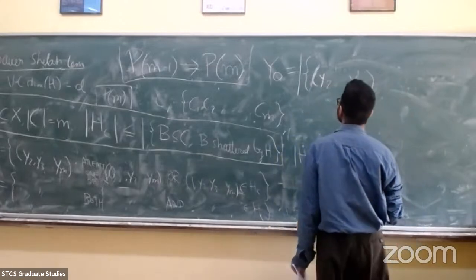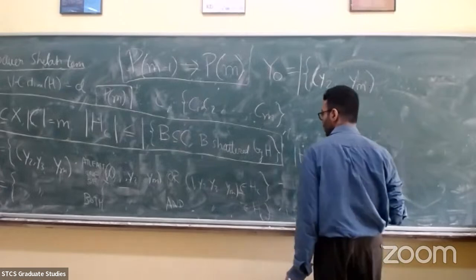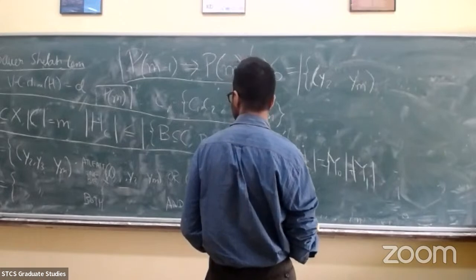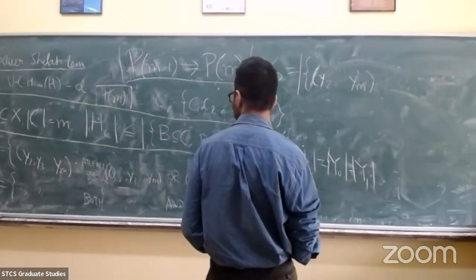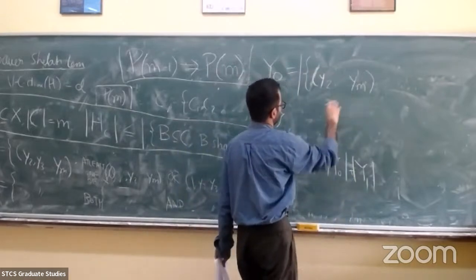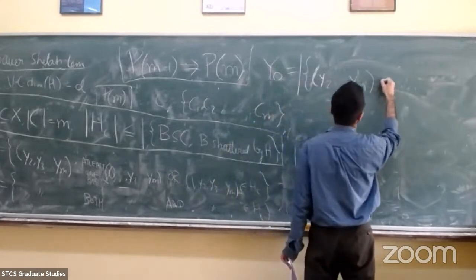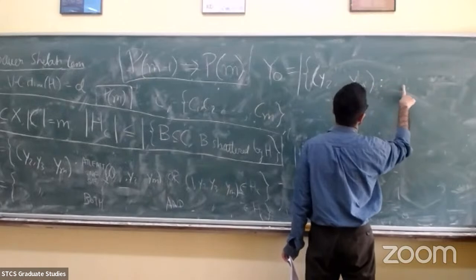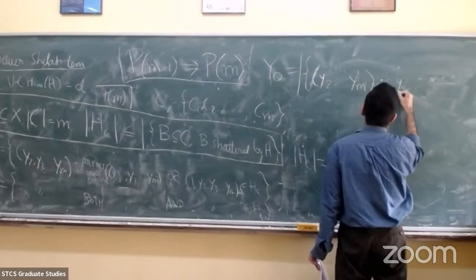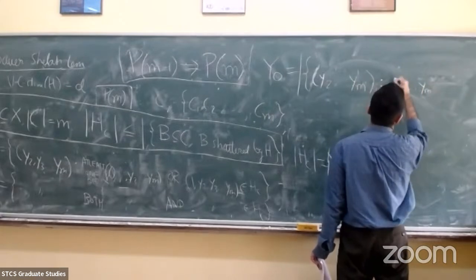Sorry, this is a bit confusing. Let me put it like this. Y0 is just the number of y2 through yn such that y2 through yn appears.